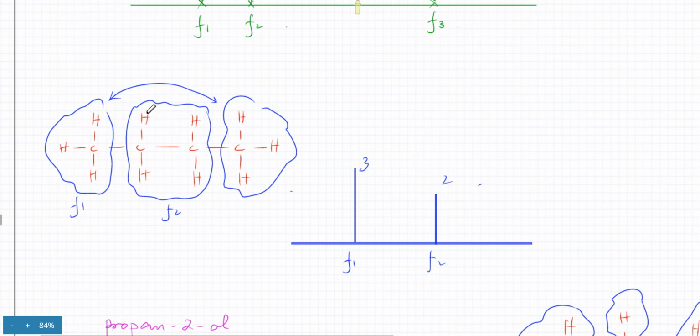This CH2 is bonded to a CH3 and a CH2 on one side, and this CH2 also has a CH3 and a CH2 bonded to it. So these four hydrogens would resonate at exactly the same frequency. So there would be two resonant frequencies that would be absorbed by the hydrogen protons to go into opposing spin.